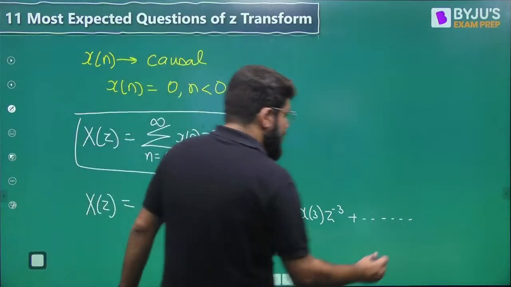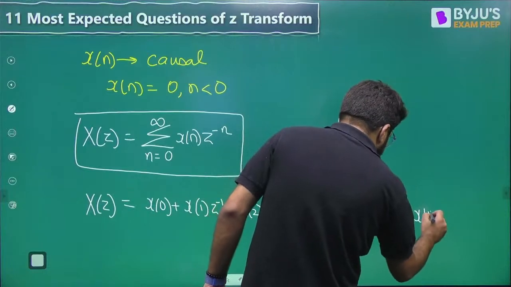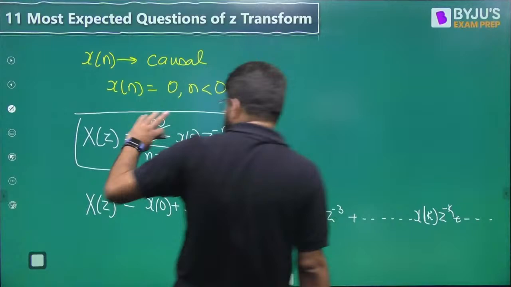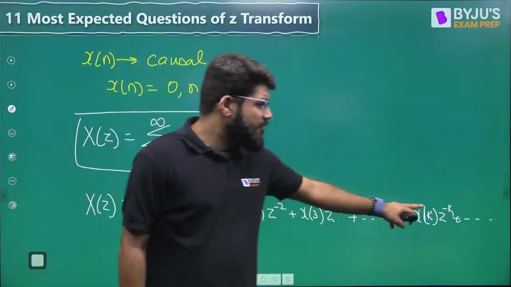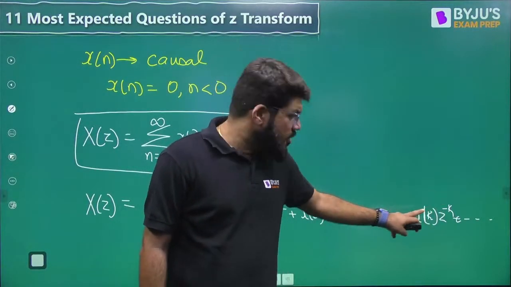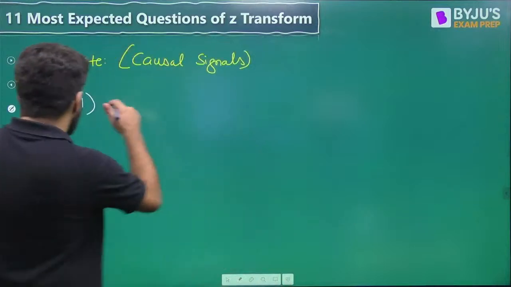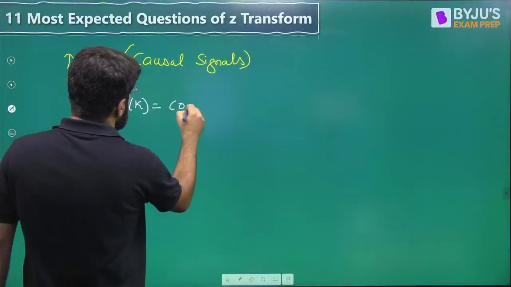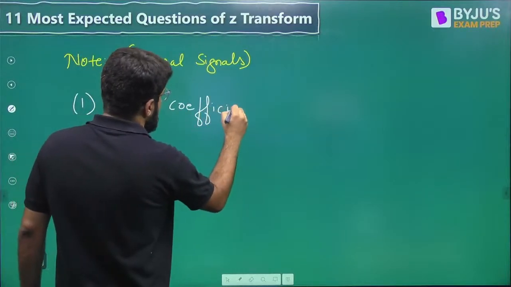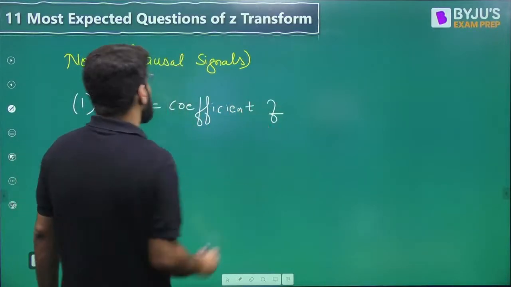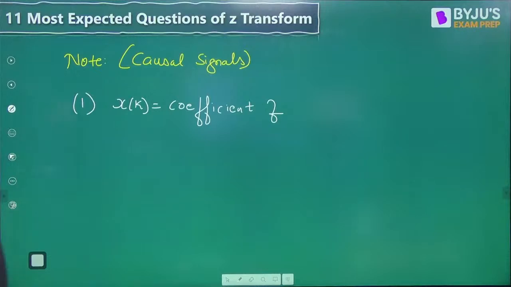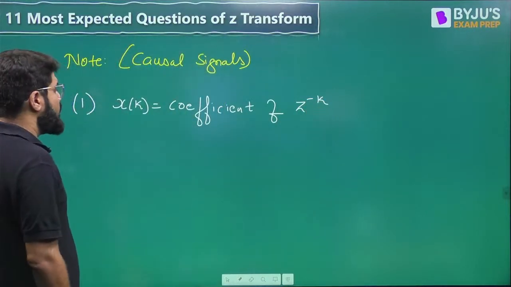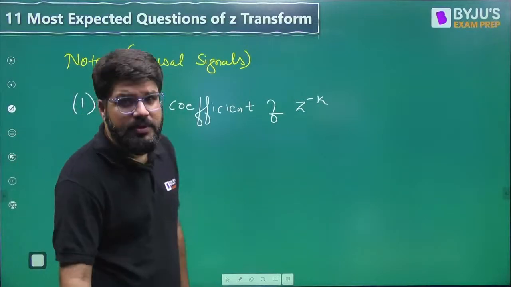In general, there will be a term x of k z power minus k, with the summation till infinity. So for any z power minus k, the coefficient is xk. Number one point to be noted is that xk is known as the coefficient of z power minus k.